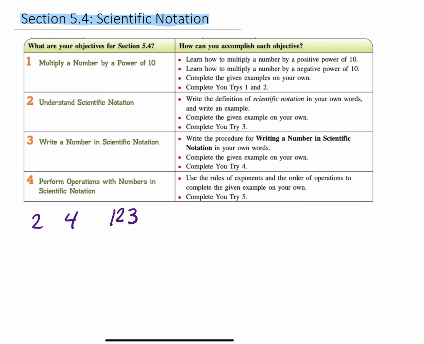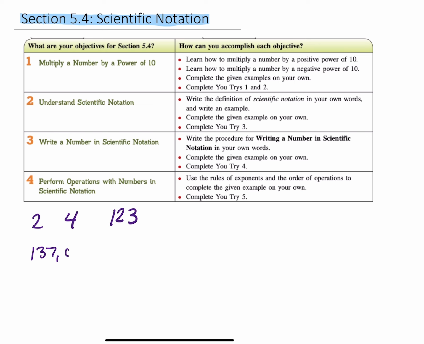But a lot of times in applied math problems, you'll see these in the sciences, in classes like chemistry, astronomy or physics, or even in business, you might see some really large or really small numbers.